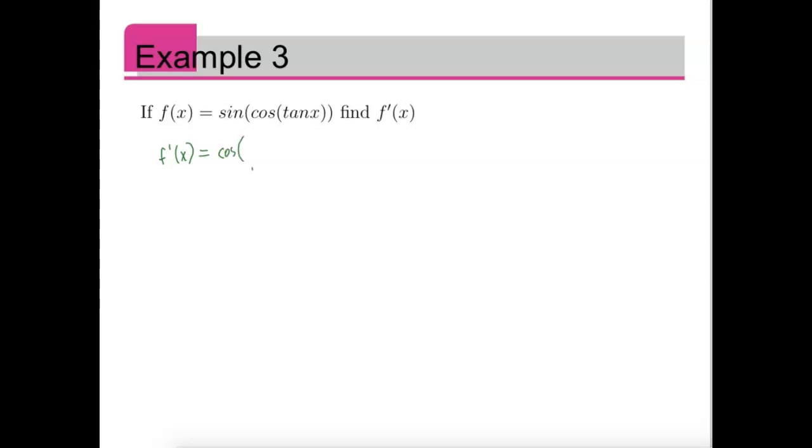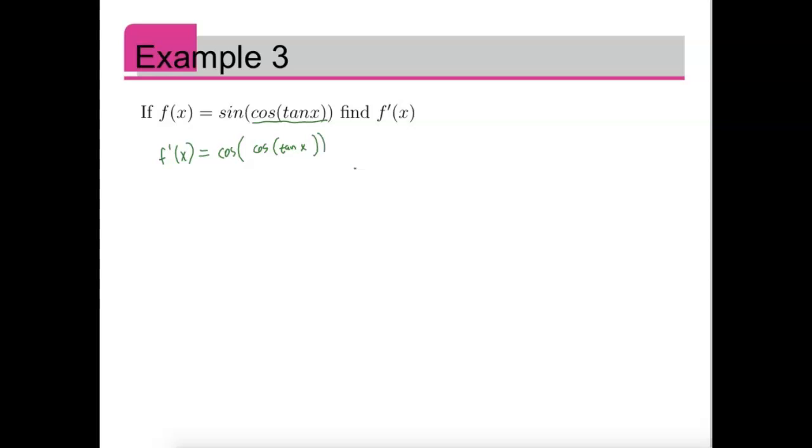Chain rule says derivative of the outside function. What are we supposed to do with the inside function once we've differentiated the outside function? Good, you keep it the same. So cosine of, and then we would leave this alone, right? Cosine of tangent of x.